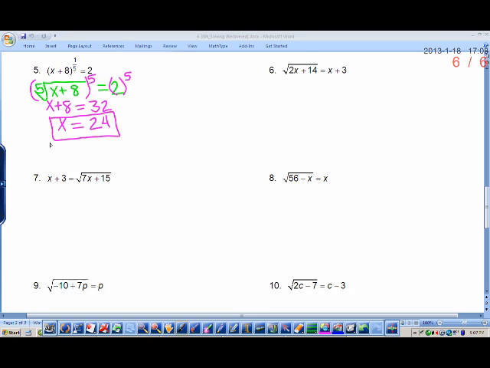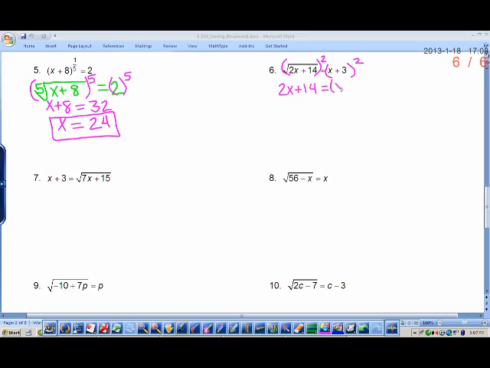All right, at number 6, you might notice that this time we have x's on both sides. And that just adds a little bit of an extra level of work. First, I check that my radical is isolated, which it is. So I'm going to go ahead and square both sides. When I square the square root of 2x plus 14, I just get 2x plus 14.